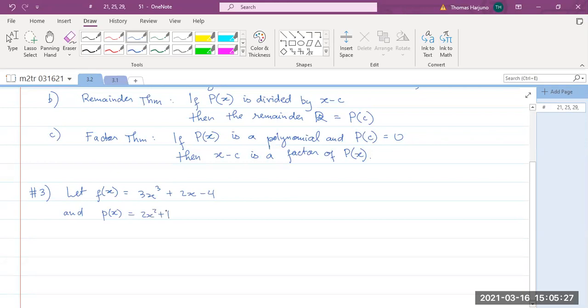What we want to do is find the quotient and remainder if f(x) is divided by p(x). Now notice that p(x) is not in x minus c form. In fact, it's not degree 1.